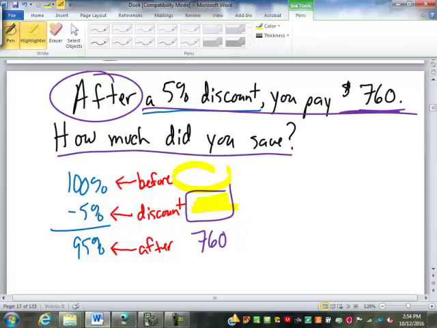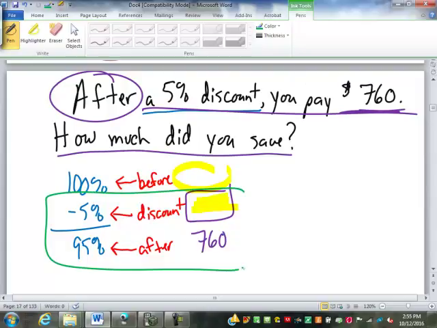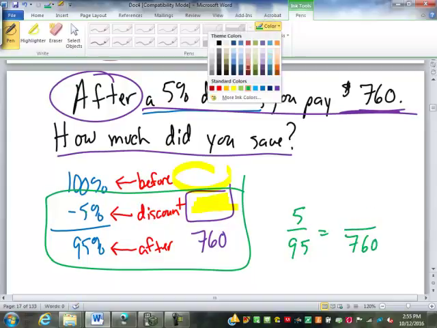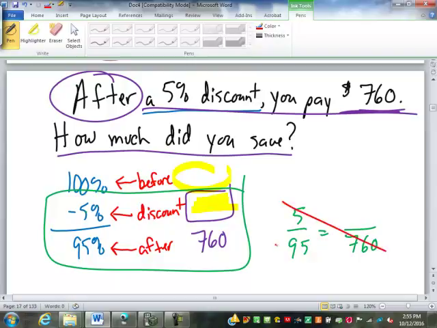That's just fine. Here, I would probably just use these together just like they appear here. I'm going to leave the negative off my 5% though. So 5 compared to 95 is equal to my missing number compared to 760. And you are absolutely correct. When you cross multiply and divide, that comes out to be 40.